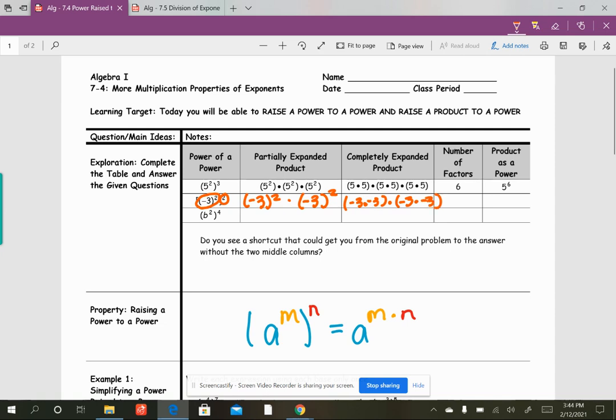So our number of factors, we have 4 of the negative 3's, so it ends up being negative 3 to the 4th.